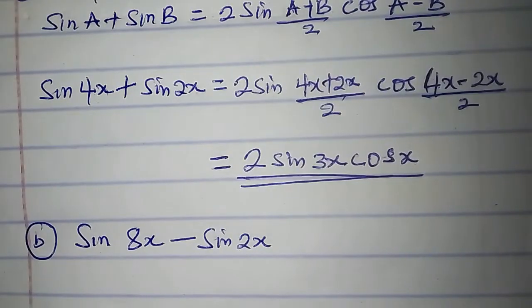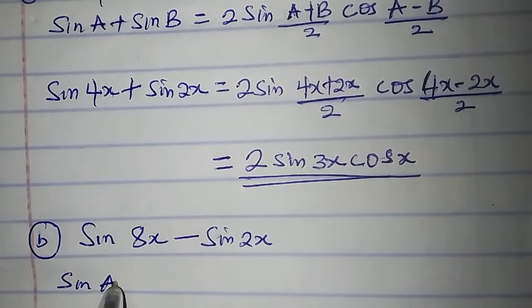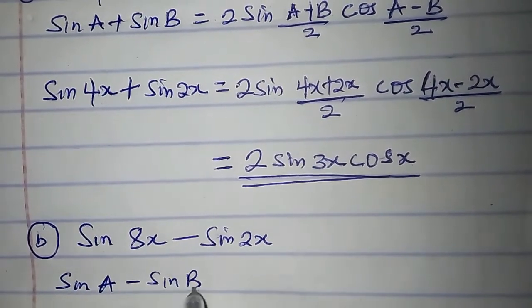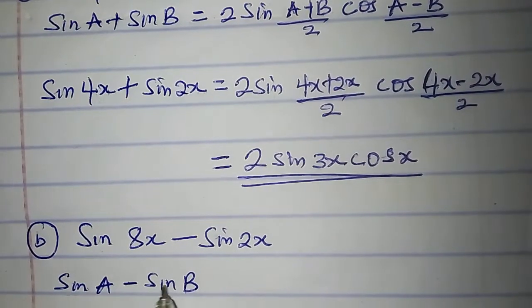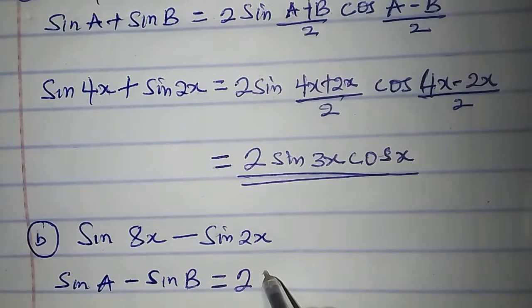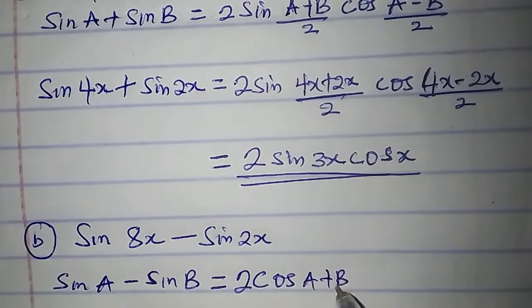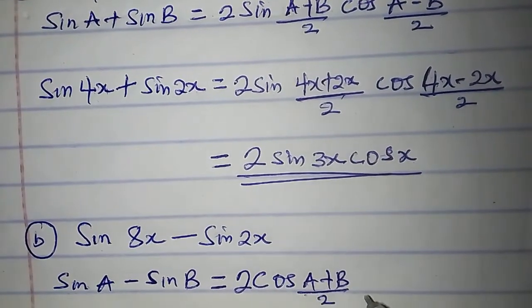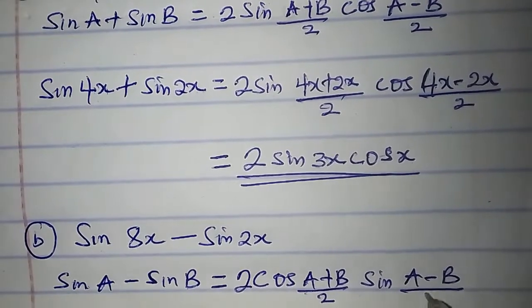To do this, we'll use the formula that says sin A minus sin B, because we are having minus here. Sin A minus sin B is equal to 2 cos (A plus B) all over 2 sin (A minus B) all over 2.